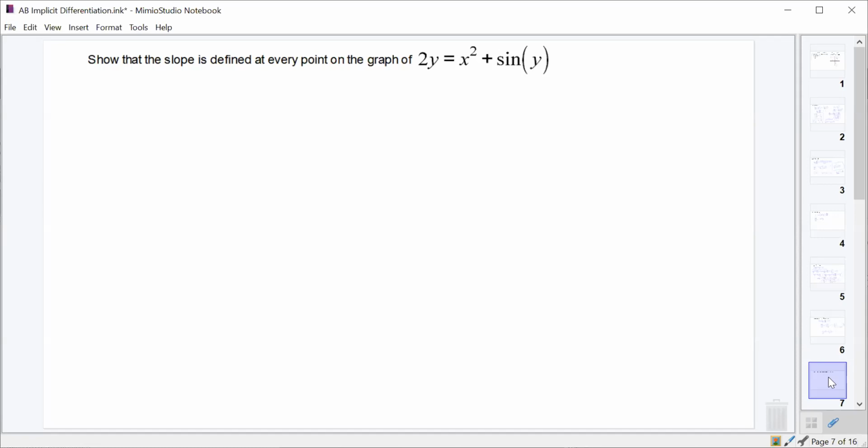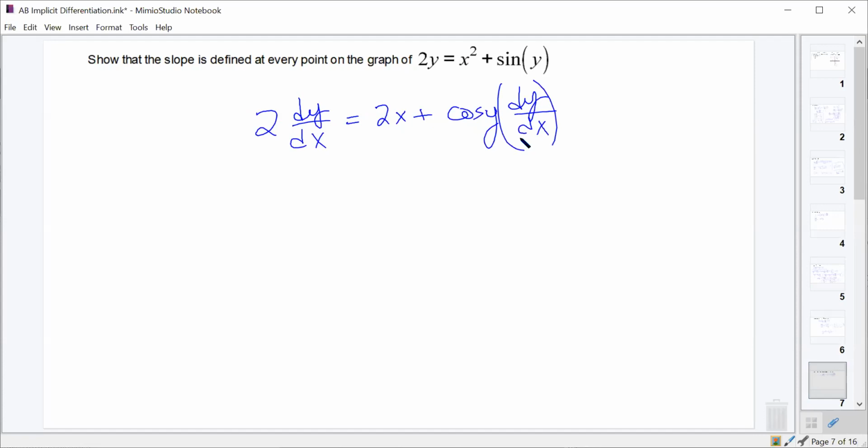First, we need a derivative. So derivative of the left, 2y gives us what? 2 dy dx. And on the right, it gives us 2x plus cosine y dy dx.